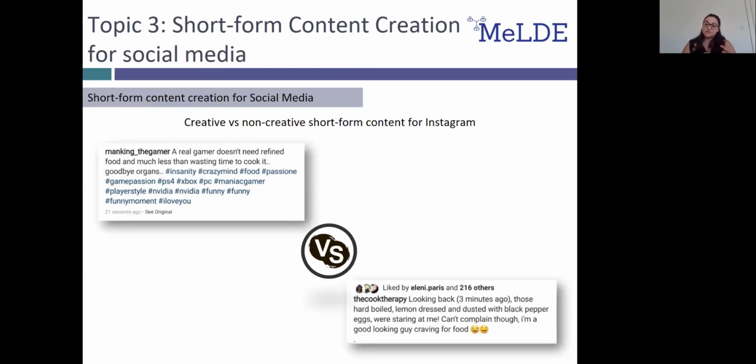In the case of the left-hand side caption, things are pretty simple and straightforward. The user posted a photo without giving much attention to the quality of the image, with the intent to show how a gamer does not have time for food, making a funny comment in the end about destroying his organs. His caption was not bad.